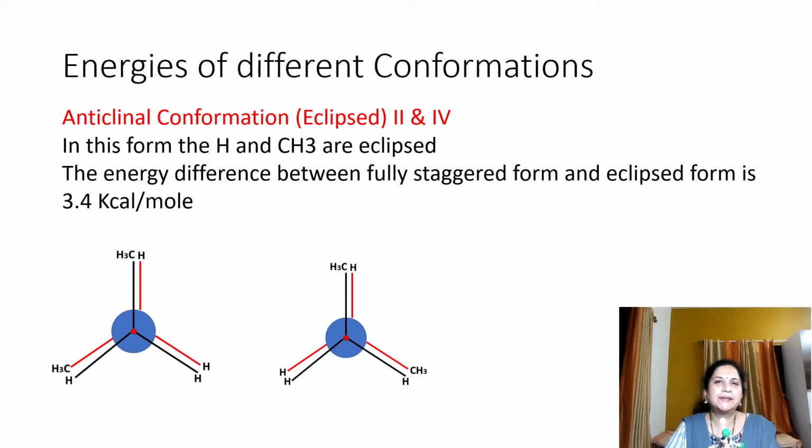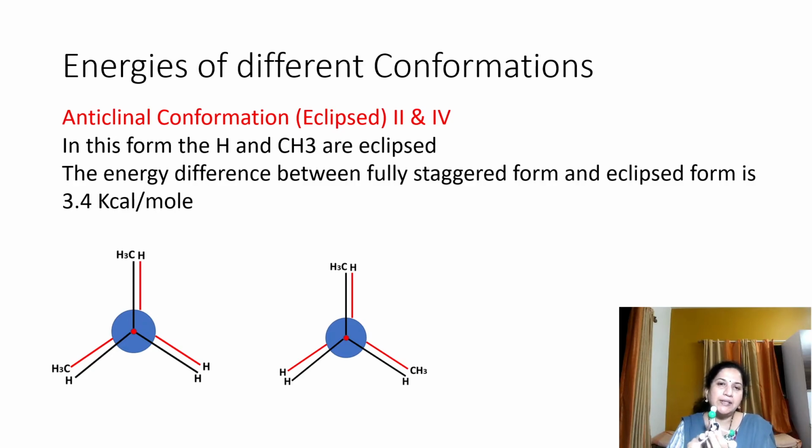Let us now consider energies associated with the other two eclipsed forms. Of course, these anticlinal conformations, meaning eclipsed conformations, will have more energy than the earlier synclinal conformations, as those are staggered and these are eclipsed. You know that in eclipsed conformation, since all bonds face each other, there is repulsive interaction.